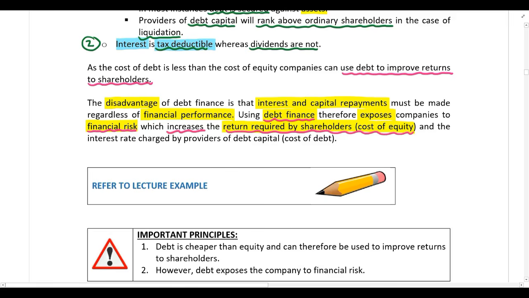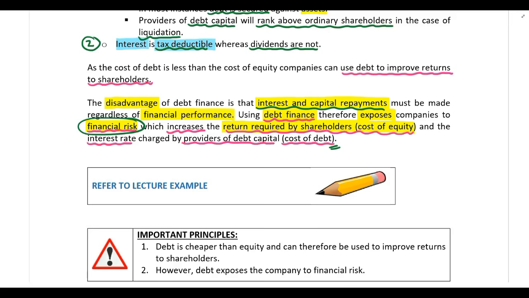In addition to that, the interest rate that is charged by the providers of debt capital will also increase. Because, guys, obviously, if the company is exposed to financial risk, the company is more risky. There's a risk that they won't be able to meet these interest and capital repayments. So if banks give companies loans, they are going to charge higher interest rates if the company is more risky, and they'll charge lower interest rates if companies are less risky.